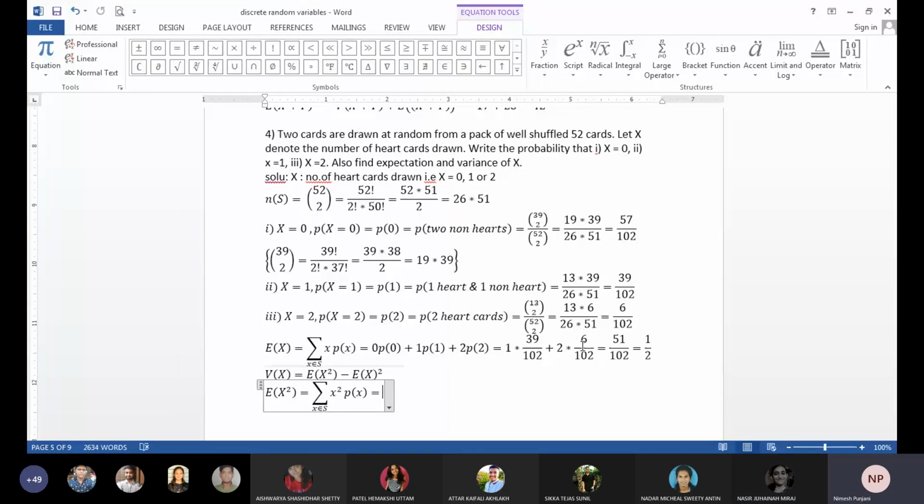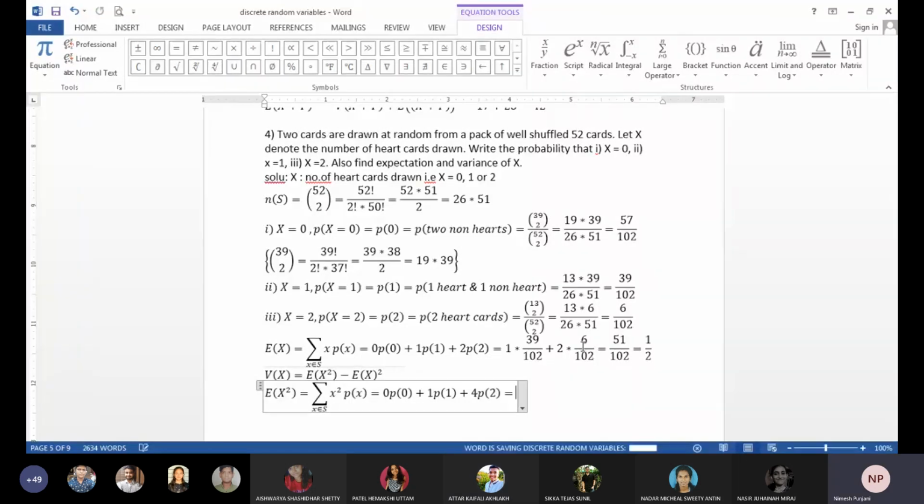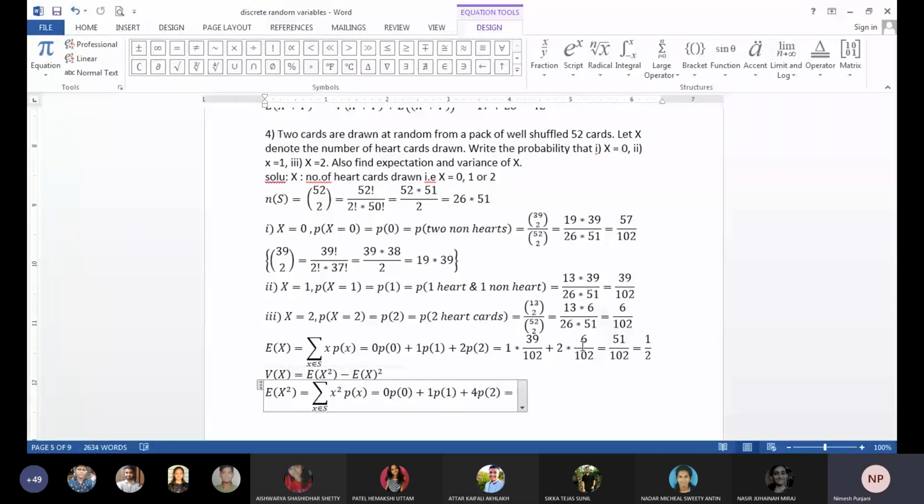Okay, what is the formula for expected value of x square? So again, it is 0 into p of 0, 1 into p of 1, क्योंकि 1 का square is 1, and 4 into p of 2. Okay, 2 का square, that gives me 4.